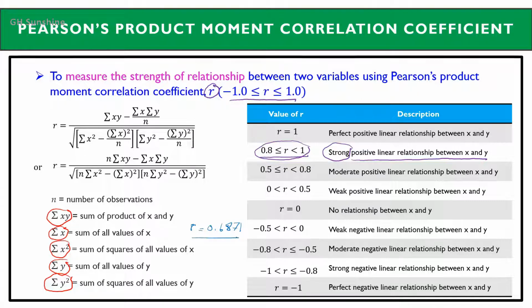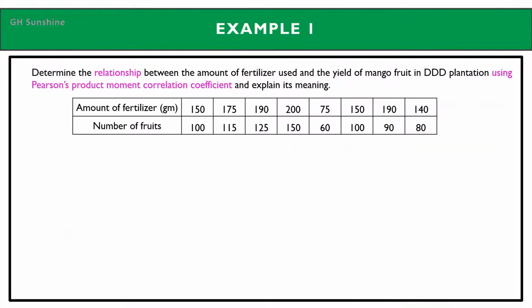Comment on the value obtained. Look at the value here, between 0.5 to 0.8, positive sign, so a positive linear relationship between x and y. What is the strength? Moderate. So a moderate positive linear relationship between x and y. This is how you calculate the value of R, and also how to interpret or explain the value of R obtained. Let's look at the first example.